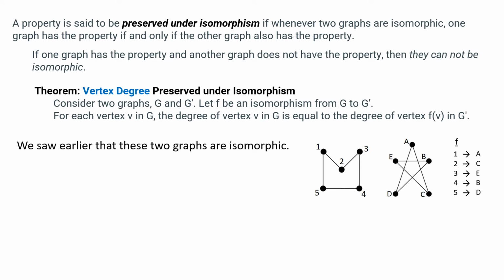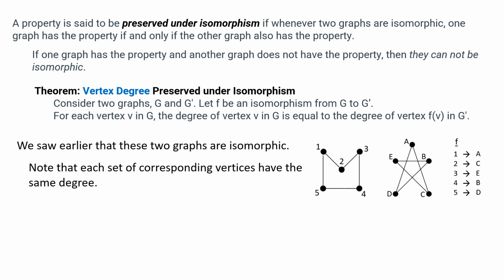So vertex 1 corresponds with A. Those both have a degree of 2. 2 corresponds with C. Those both have a degree of 2. So we see that the degree between two corresponding vertices will always be the same if we have found an isomorphism.